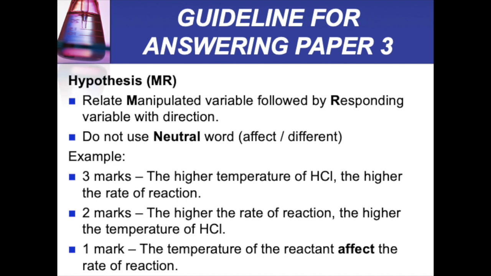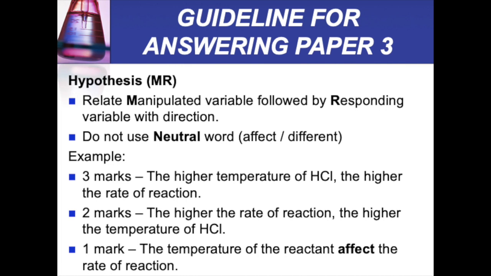The direction for the manipulated variable is higher, and the direction for the responding variable is higher. What happened to the 2 marks? Students who get 2 marks mention the responding variable first, which is the reaction, and only then talk about the temperature, which is the manipulated variable, which causes a deduction of 1 mark.